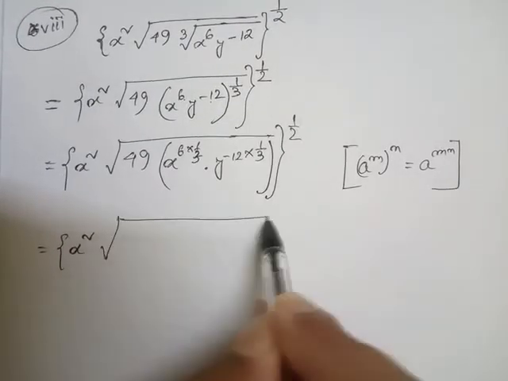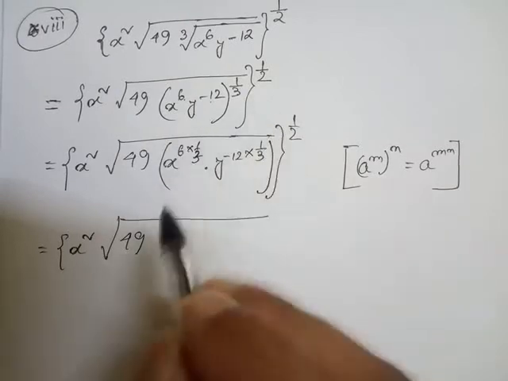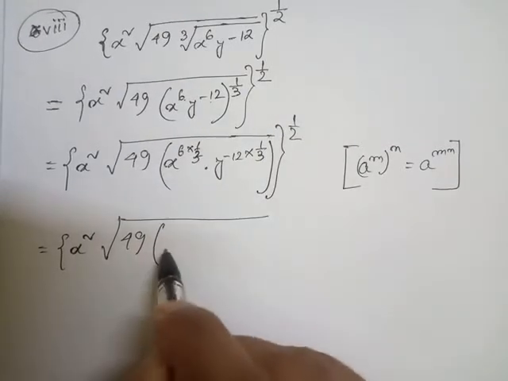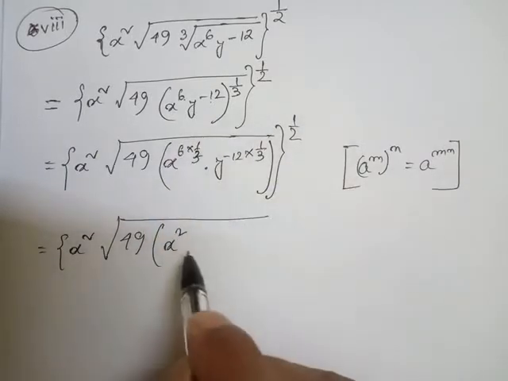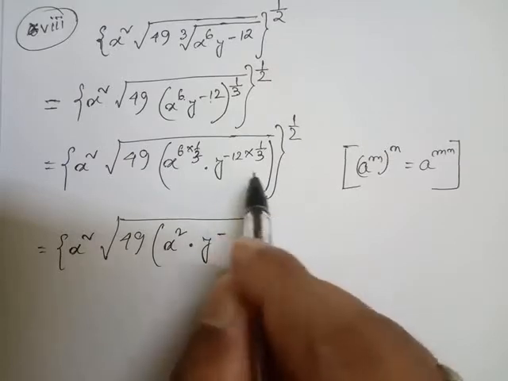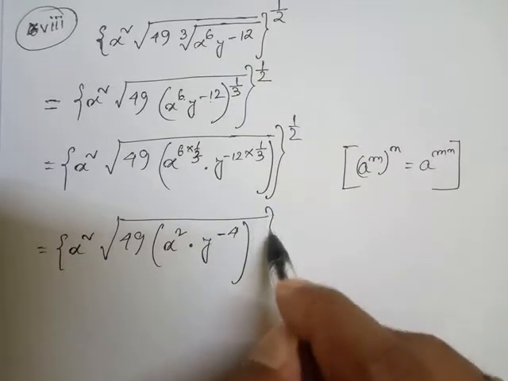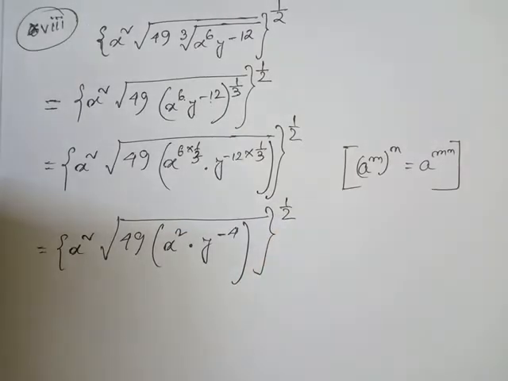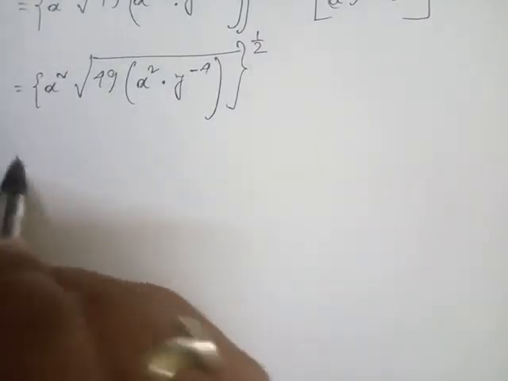Now root over 49, and 3 and 6 cancel, so there will be x square. Now here y to the power minus 12, so 12 divided by 3 will be 4, then whole to the power half. Now students, look, there is a root, so we have to remove the root here.